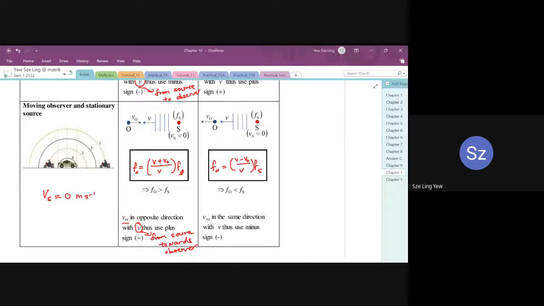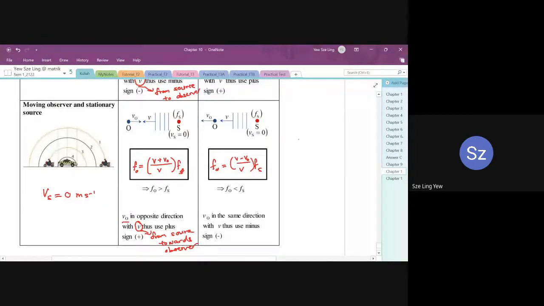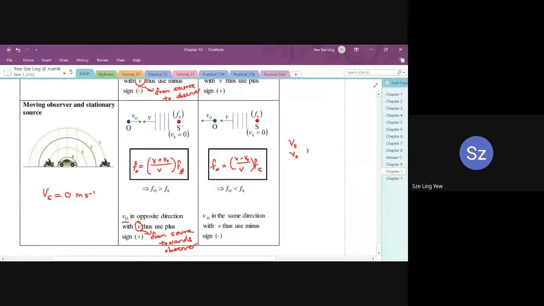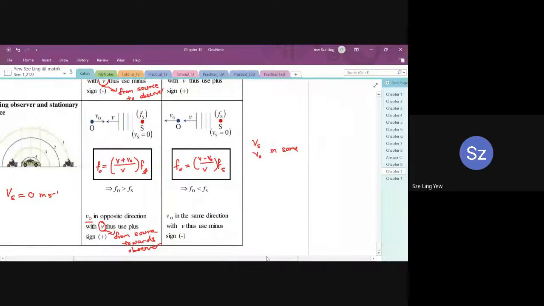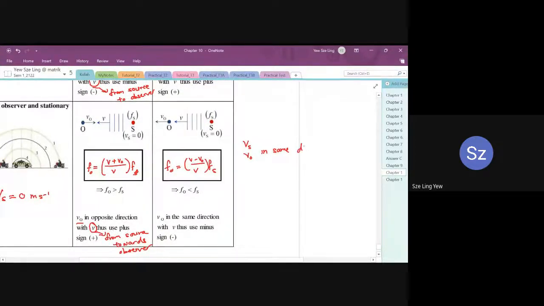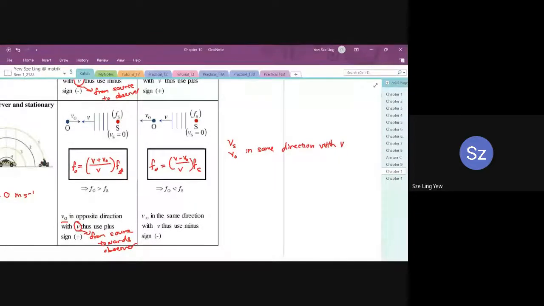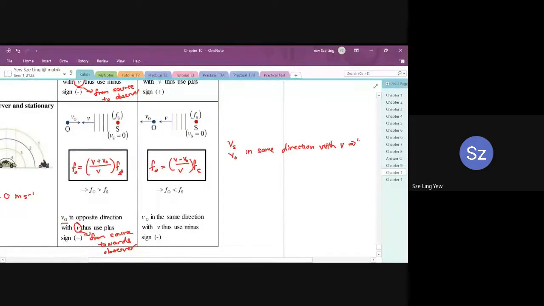So these are the rules, and the rules are very simple. If your Vs and VO are in the same direction as V, then we use a negative sign.